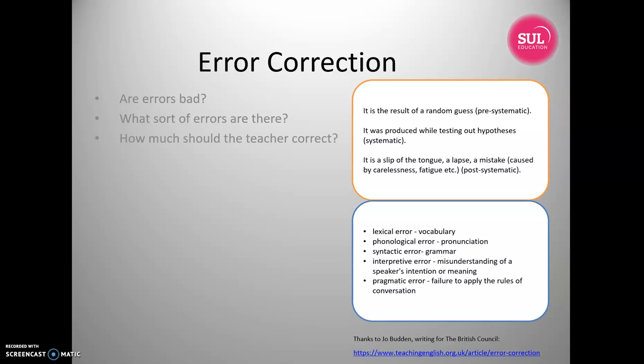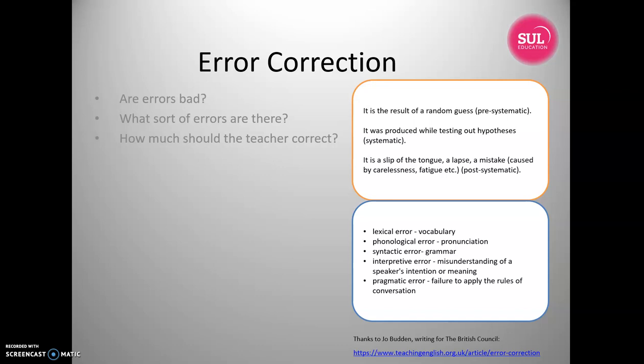So how much should the teacher correct? Before you begin an activity, bear in mind whether you are concentrating on accuracy or fluency. For a class discussion, for example, fluency would be appropriate. The important thing is that the students are expressing themselves and thinking on their feet.